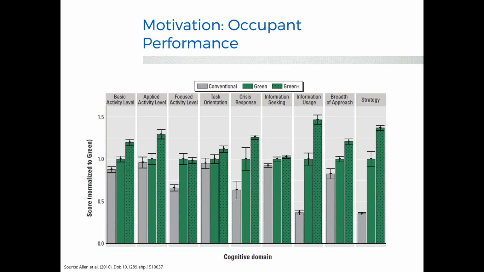And then they took the subjects that were in the building, the people working there, and they evaluated their cognitive performance across multiple domains. You can see there's different categories like basic activity level, applied activity level, task orientation, crisis response, information usage, etc. And what you can see is that in every cognitive domain, the score from these performance tests increased when going from the conventional scenario to the enhanced green plus scenario.